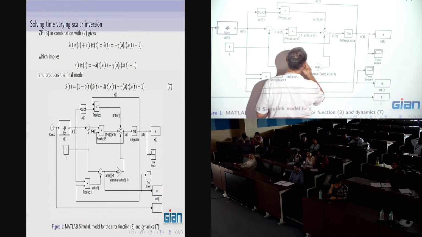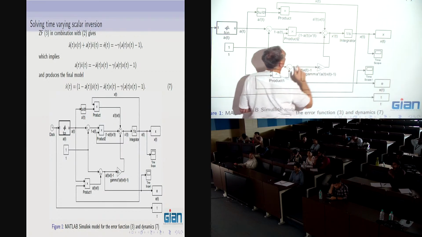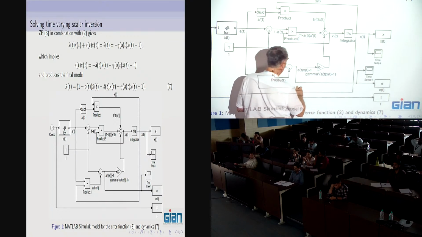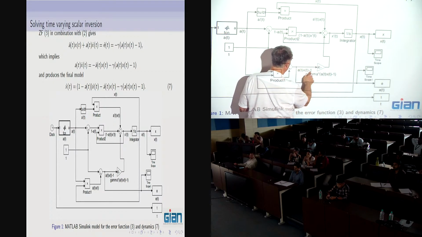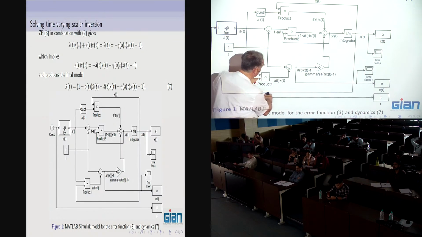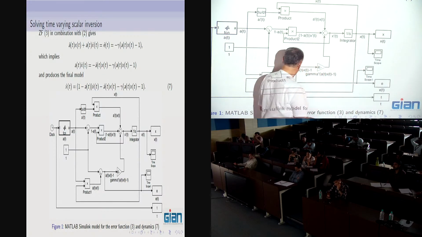And we need the third term. Third term is minus gamma, error function. It is ax minus 1. We need ax first. A is input. Then x is after the integrator.